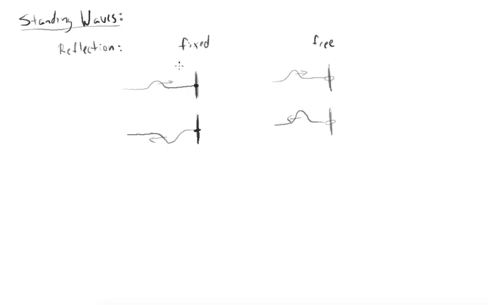So over here, we end up with an inverted reflection. It's inverted, and over here, it's non-inverted. Okay? And actually what we're going to be mostly interested in is this fixed boundary thing.